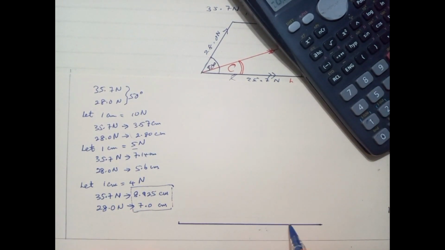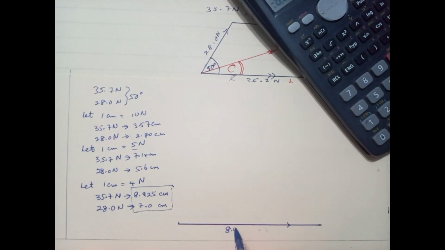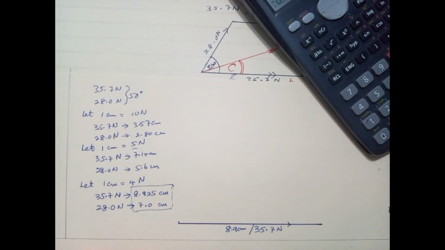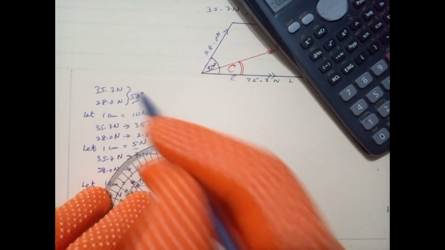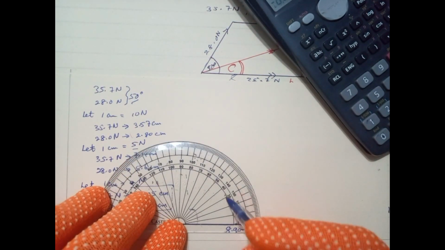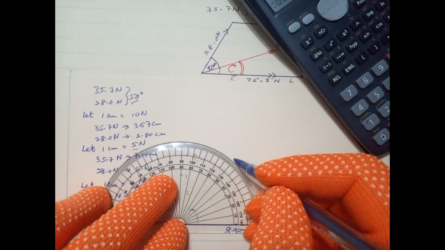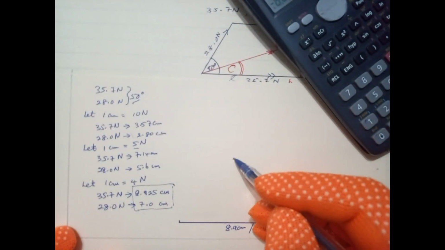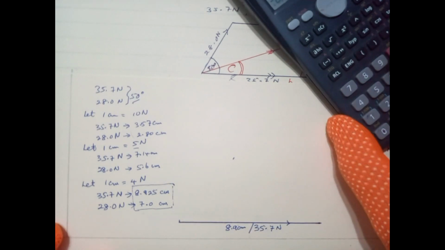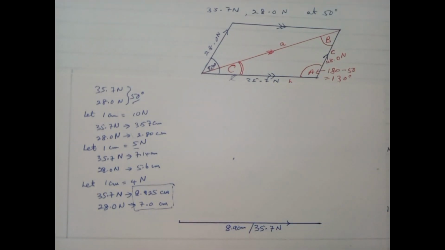And we write in here 8.9 centimeters, which would represent 35.7 newtons. We accurately measure 50 degrees, 10, 20, 30, 40, 50. And from here through that point, we would draw 7 centimeters.